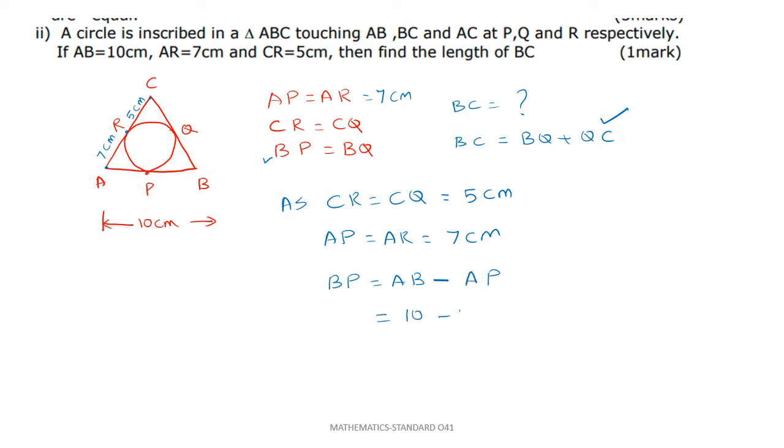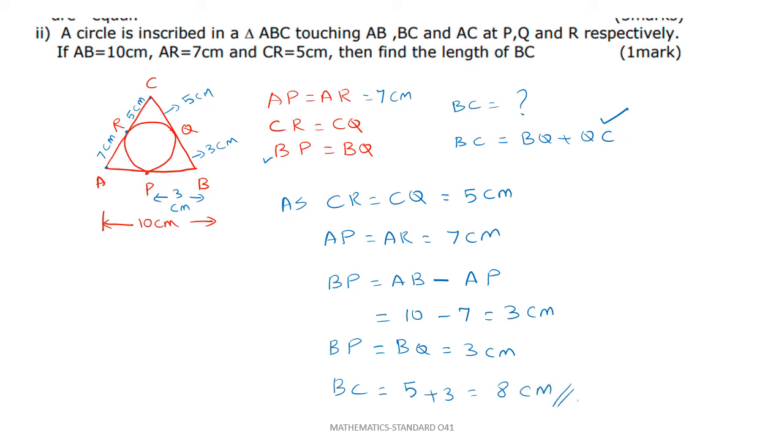So 10 minus 7, 3 centimeter. So we found PB as 3 centimeter. So BP is equal to BQ, which is 3 centimeter. And this is 5 centimeter. So what is the length of BC? It will be 5 plus 3, 8 centimeter.